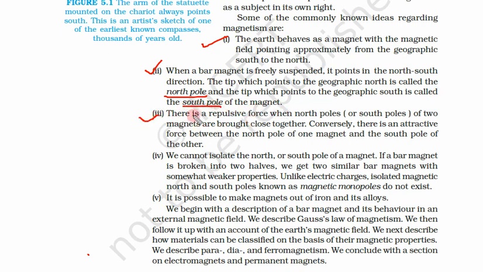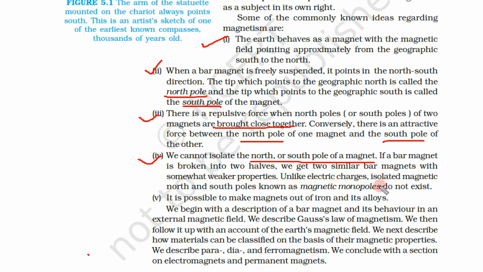There is a repulsive force when the North poles or South poles of two magnets are brought close together. So, you know, same poles repel and opposite poles attract. Conversely, there is an attractive force between the North Pole and South Pole of the magnet. We cannot isolate the north and south pole of a magnet, that we know, we cannot separate them. If a bar magnet is broken into two halves, we get two similar bar magnets with somewhat weaker properties.